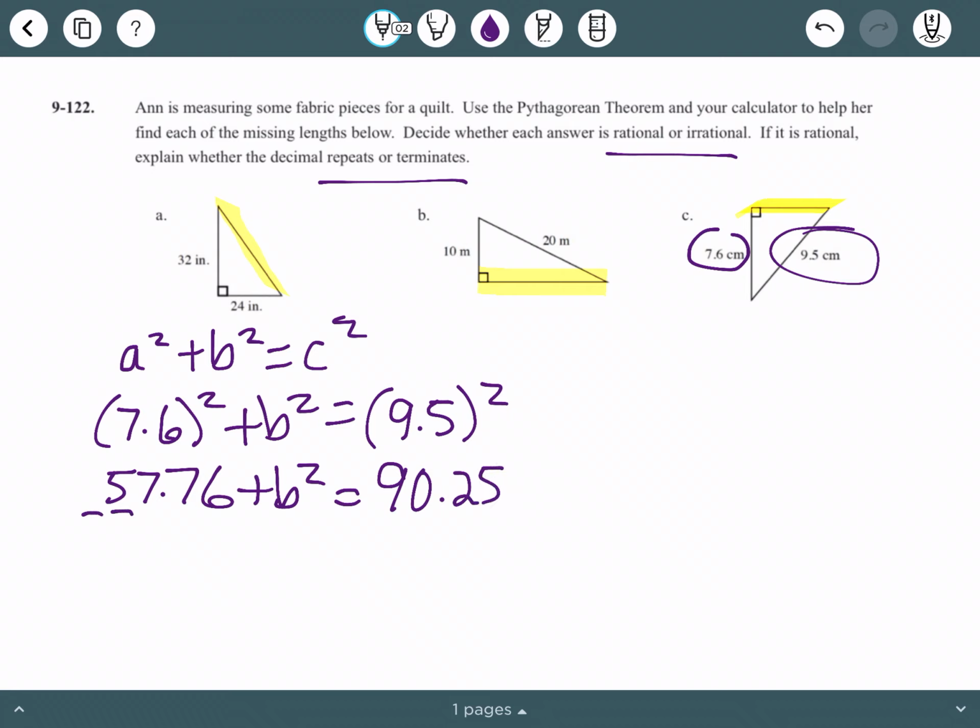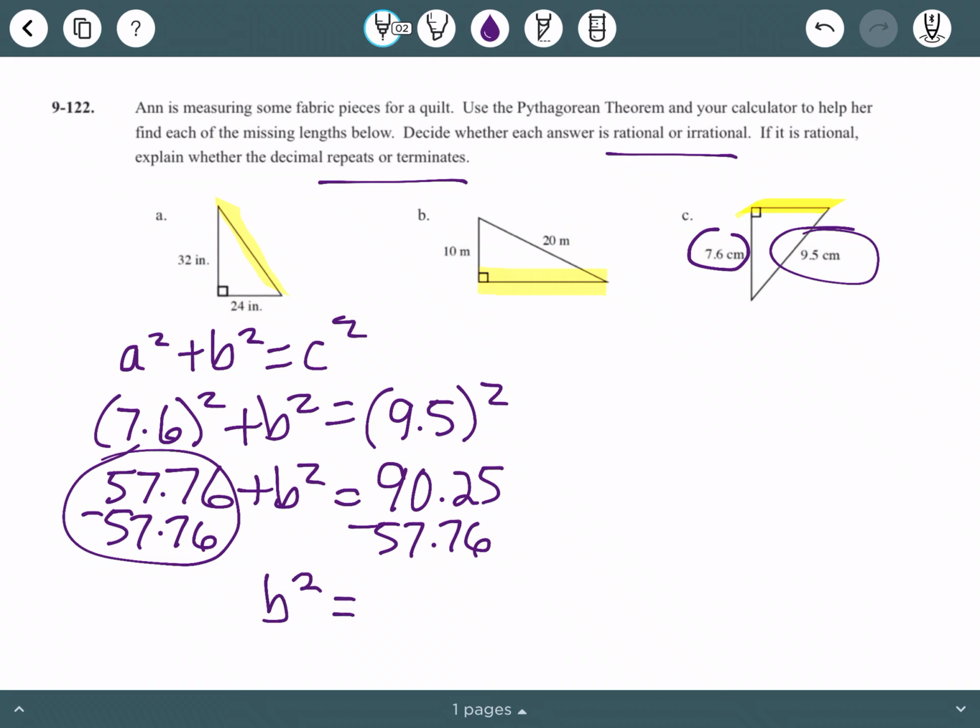I'm going to subtract 57.76 from each side. That gives me a 0 pair here, so I'm left with b squared equals 90.25 minus 57.76, and that gives us 32.49. Now, keep in mind that is not our side length.